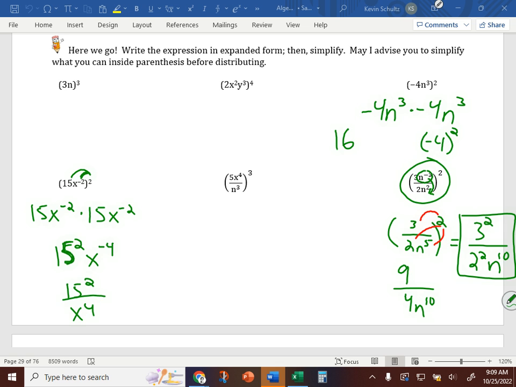Okay? Without parentheses, it's going to be a negative 16. I need parentheses to show it will be a positive. I can see that. Negative 4 times negative 4 is going to be a positive value here. Right? And then I've got n to the 6th either way. Because when I distribute, I multiply the powers. Okay, see I've got six n's there. So there we have it.